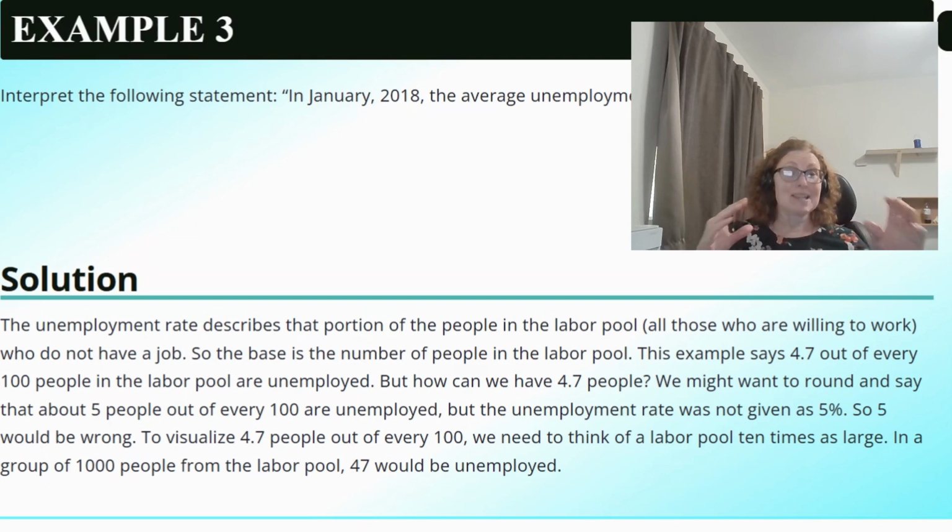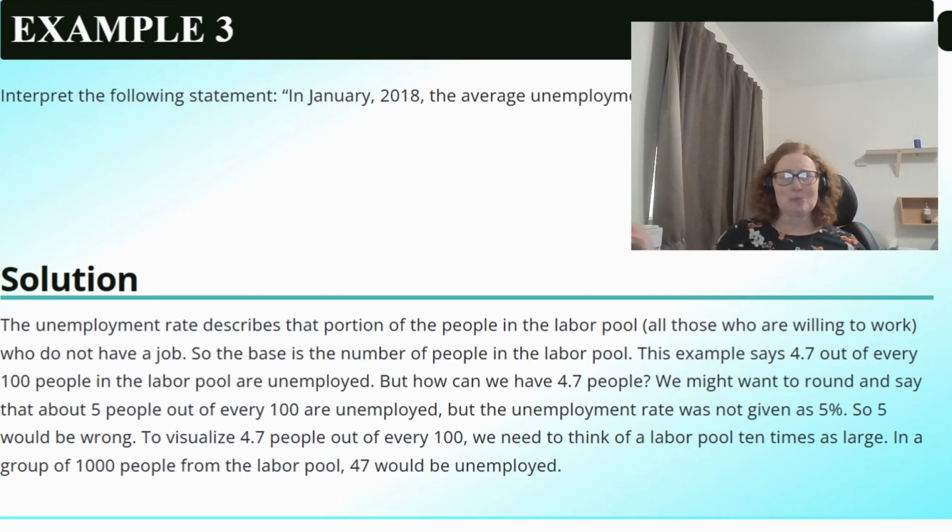Just like the base on the last one, and you can say population maybe in some cases. Typically, it's really a sample. We'll get into those things later. But the base in this situation is the people in the labor pool. So 4.7 out of every 100 people in the labor pool are unemployed.